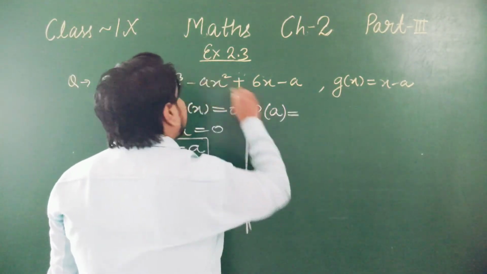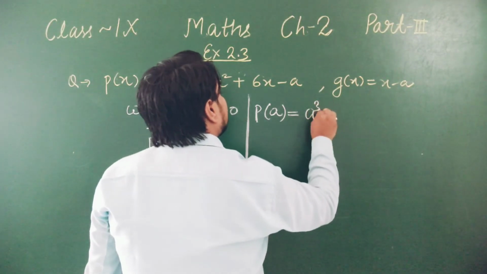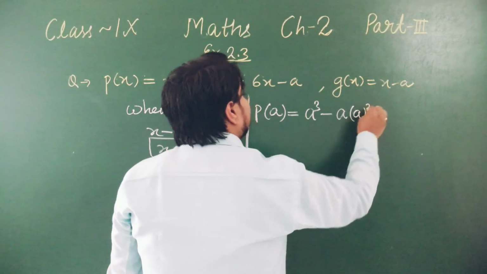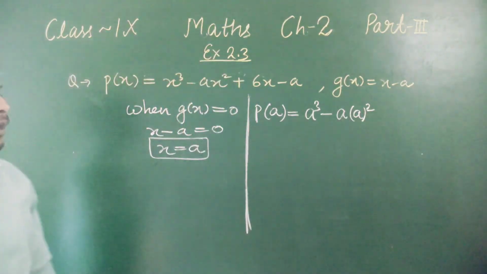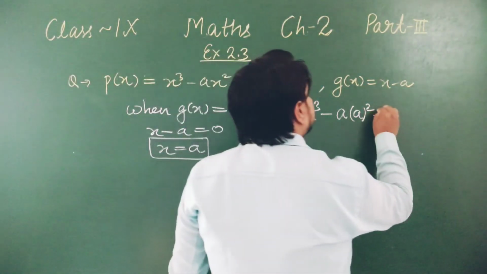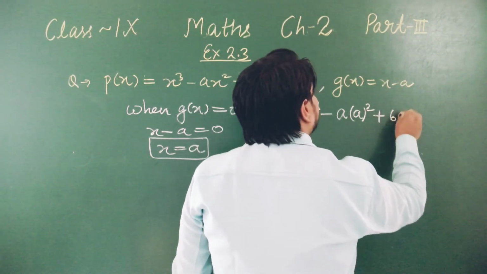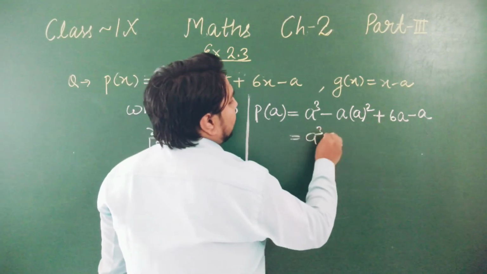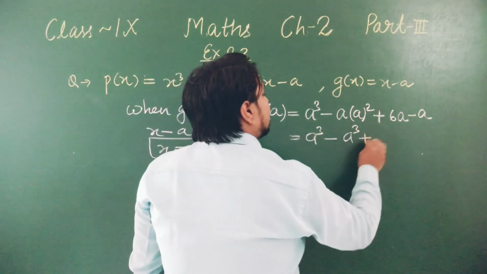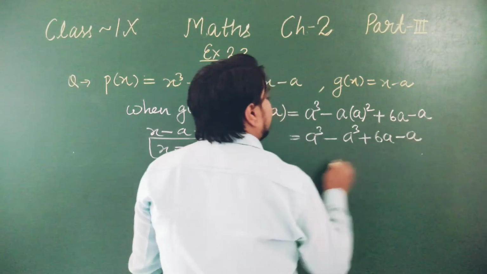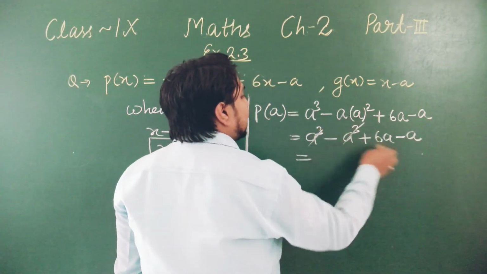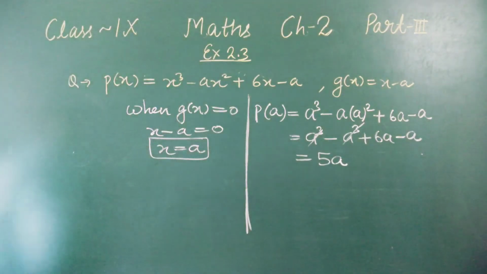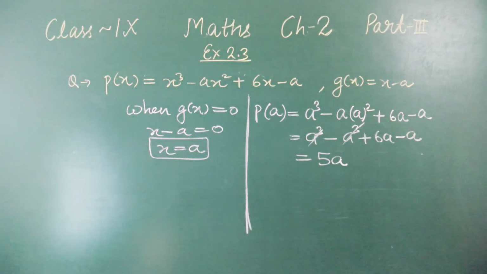It will be x cube means a cube, minus ax square means a into a square. In place of x I have put a. Then plus 6x is there, but here we will write 6a, and minus a. So what will we get? We will get a cube minus a cube plus 6a minus a. Then a cube will be cancelled out and here it becomes 5a. So the remainder for this polynomial is 5a.